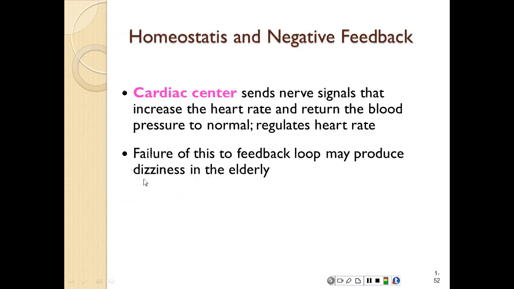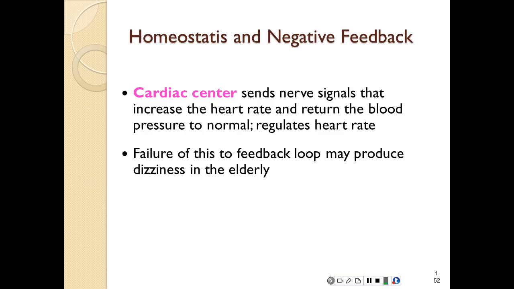Oh yeah. Also, in some elderly, when they get up, that feedback doesn't work properly. A lot of people may get dizzy. Some people might have vertigo, or that can also play a major role in dizziness when people get up in the morning. That's why they always tell you, make sure you take your time and get up, to make sure you don't have a sudden drop in your blood pressure that can cause you to get dizzy or faint.